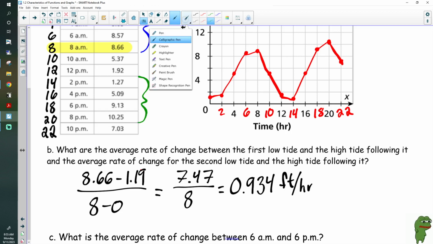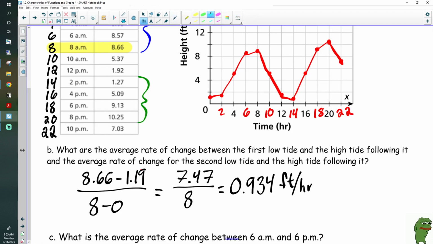Remember, you are only looking at that first and last point. We don't care about the middle point. So find your change in y, divide it by your change in x. Your change in y divided by your change in x.